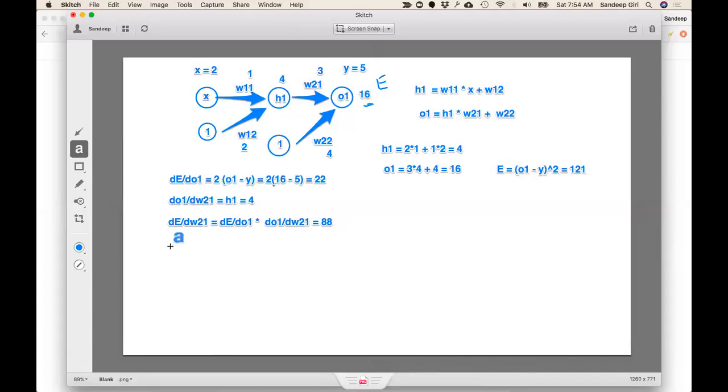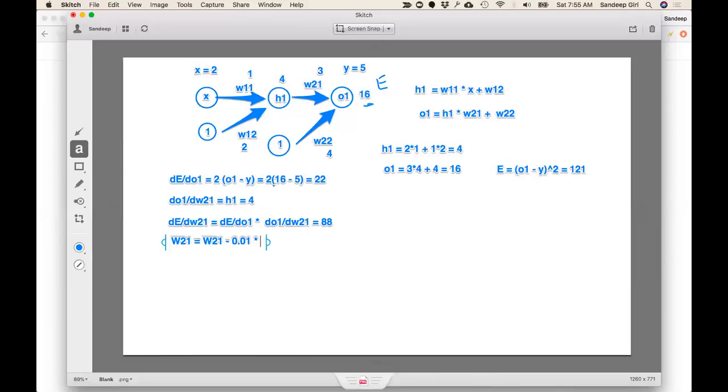And how much will that be? So W21 equals the previous value of W21 minus eta. Eta, let's assume, is a little tiny number. It's just any constant. And since the rate of change is generally very high, we generally start with an eta of 0.01.